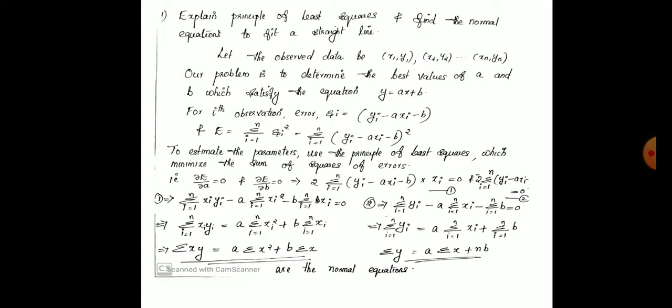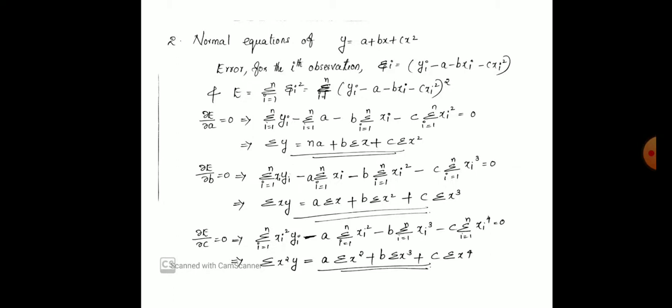And for the second equation, ∂E/∂b = 0, by differentiating partially with respect to b, the answer is minus 2 times the sum over i equals 1 to n of (yi minus a xi minus b), which is equal to 0. We can generalize it as sigma y equals a into sigma x plus n times b. These equations are called the normal equations when fitting a straight line.